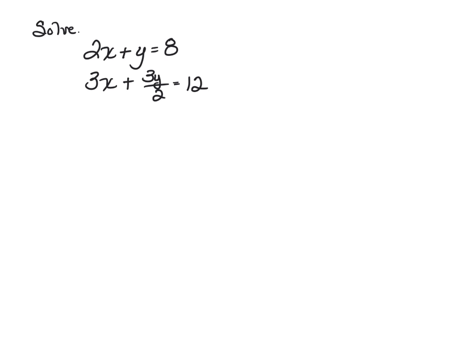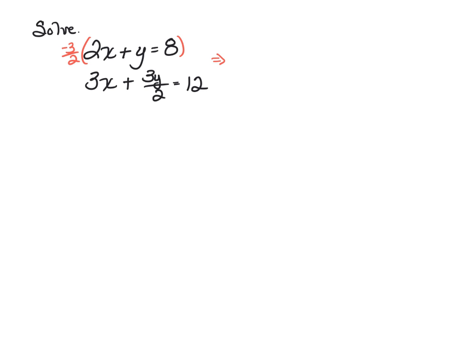Again, I'm kind of lazy, and so I like to eliminate the variable that is the easiest. And so if I start to think about trying to get rid of the x's, I think, oh, I've got to multiply both equations. And that's probably not the easiest. So what I want to do is multiply the top equation by -3/2. And yes, that is the easiest.